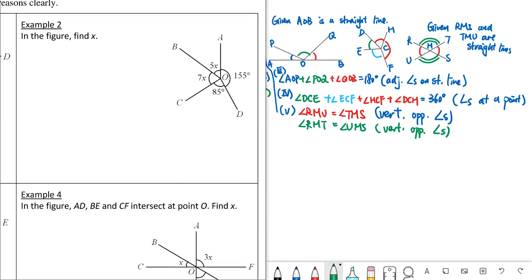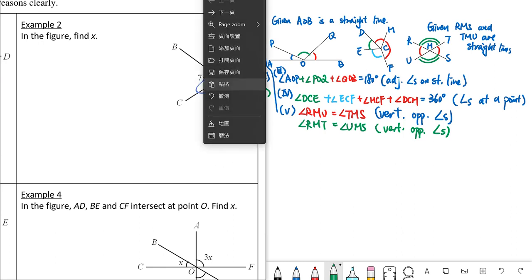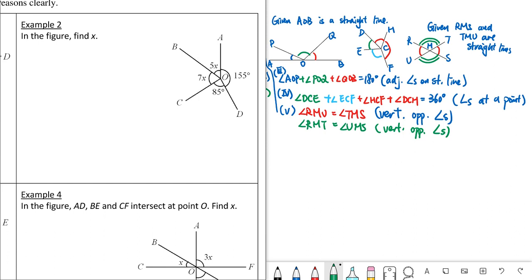Similar things happen here, you observe that all the angles given, that is 5x, 7x, 85 degrees and also 155 degrees, all the angles stick to one point, that is the point O. Therefore, very clear, what you should do will be using angles at a point. And observe that this time all the values of the angle are different and all of them are marked on the figure.